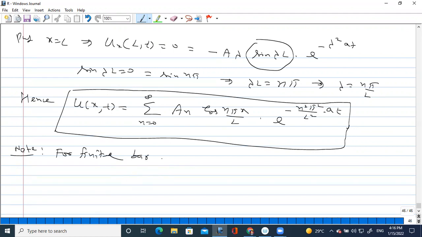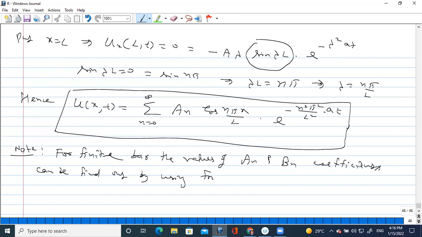For a finite bar, the values of the a_n and b_n coefficients can be found out by using the Fourier series method. Understood? So this we have done already.